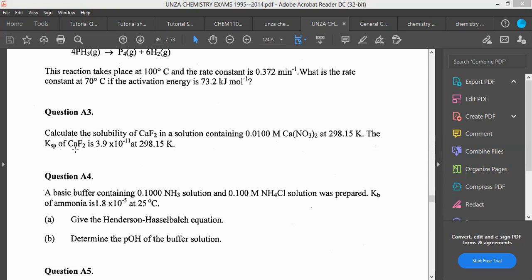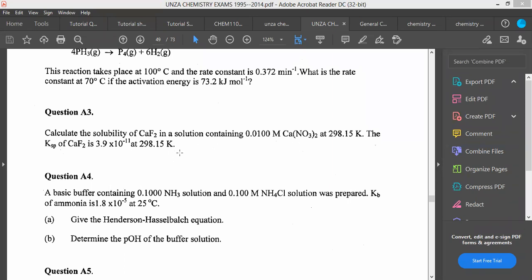The Ksp for calcium fluoride is this. Irrespective of the question here, you've been given calcium nitrate, but this is calcium fluoride. Irrespective of what you have, we are considering calcium for the solubility, and therefore the calculation is the same.